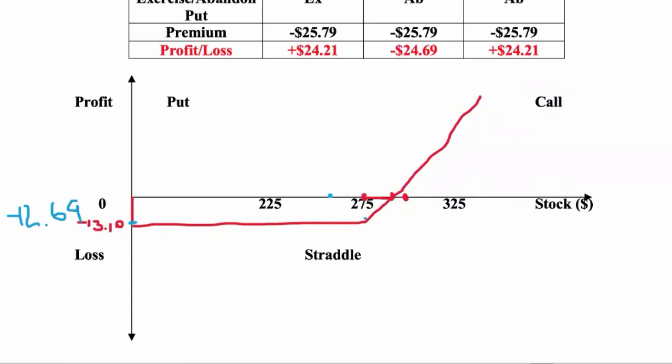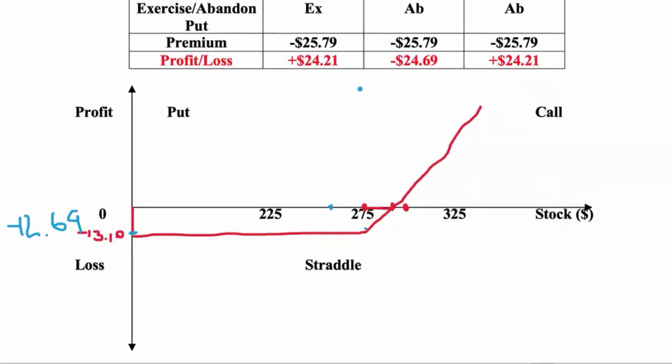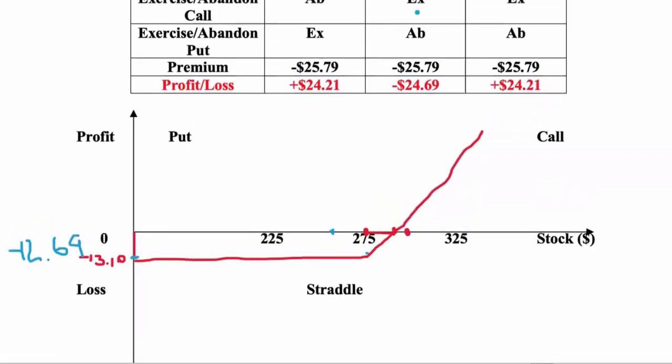My 12.69 will show a break even in around here. And we calculated that before. Remember, it's your 275 minus your 12.69. So that looks like my distance here, which is equal to this. And look at your put. As a buyer, you abandon at prices above your strike. So that means you're going to flatline across here. And then you're going to exercise at prices below, and you will break even.